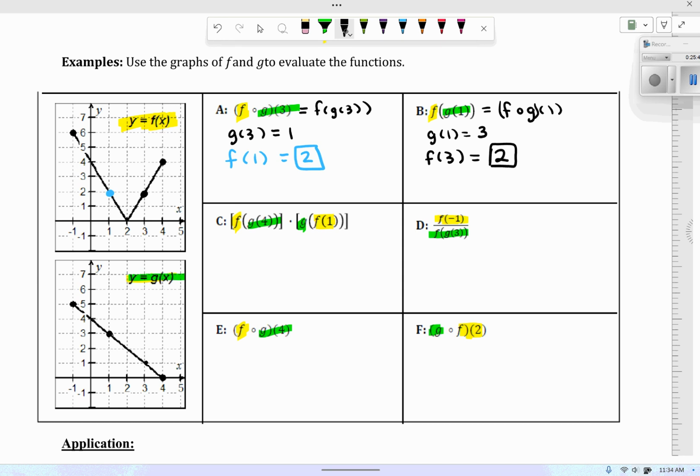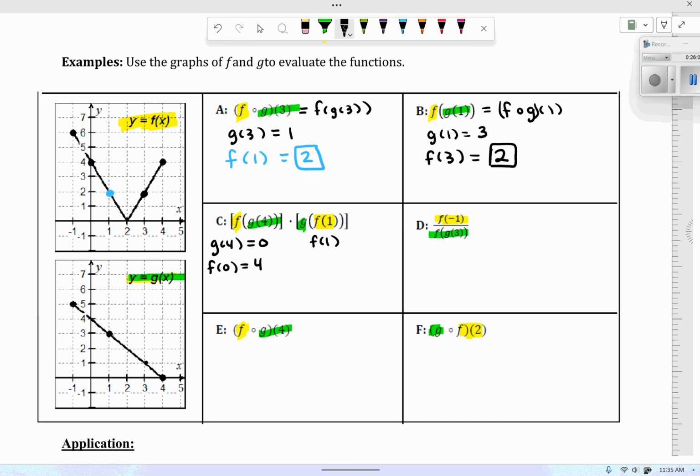For the next one, we have f of g of 4. So g of 4 is the first one that we want to do. So looking at the g of x graph, when we have an x value of 4, our y value is 0. And then f of 0, so an x value of 0 gives us a y value of 4. And then over here we have f of 1.